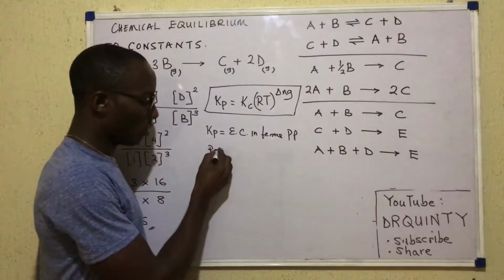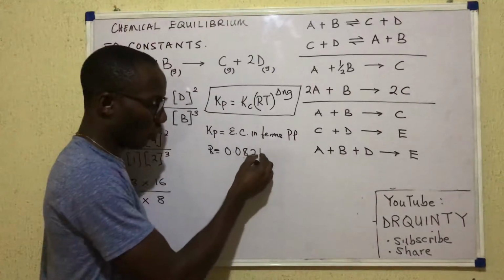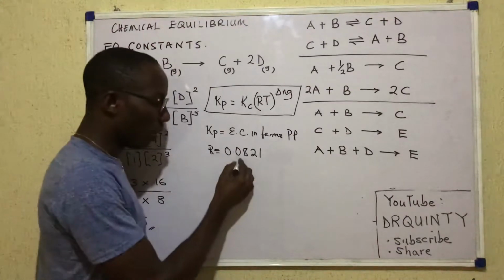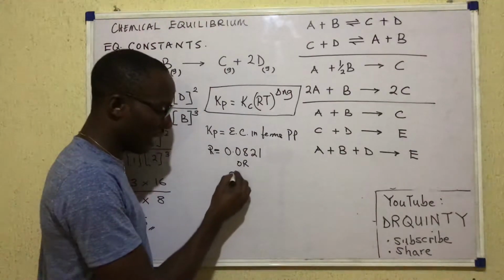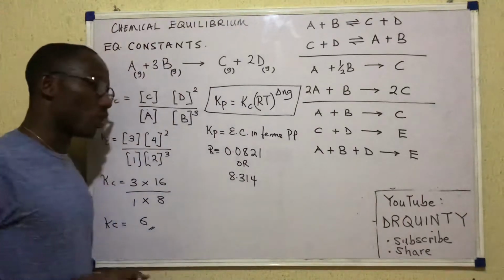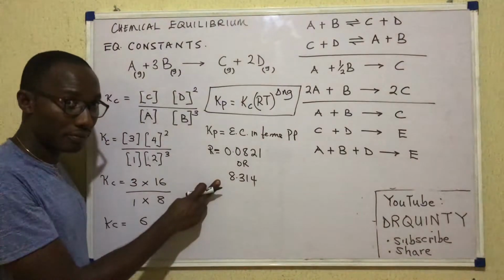In some calculations, we use our R as 0.0821. We use this value for R in some calculations. But in some other ones, we use 8.314 for our R. So when do we use this for R and when do we use that for R?